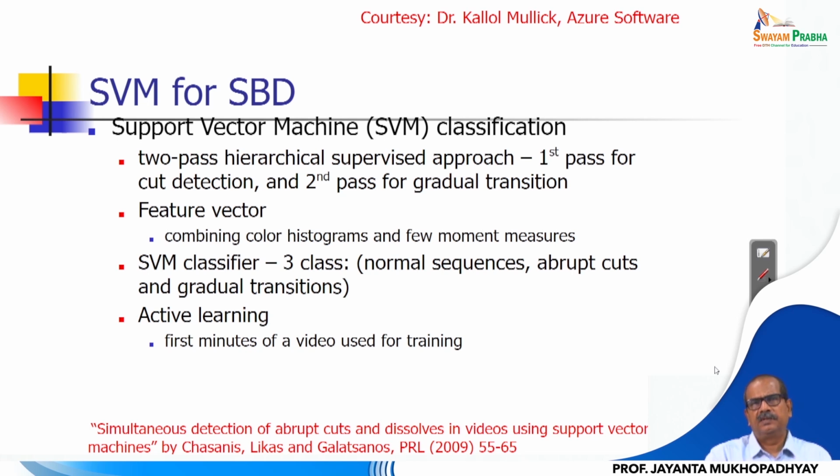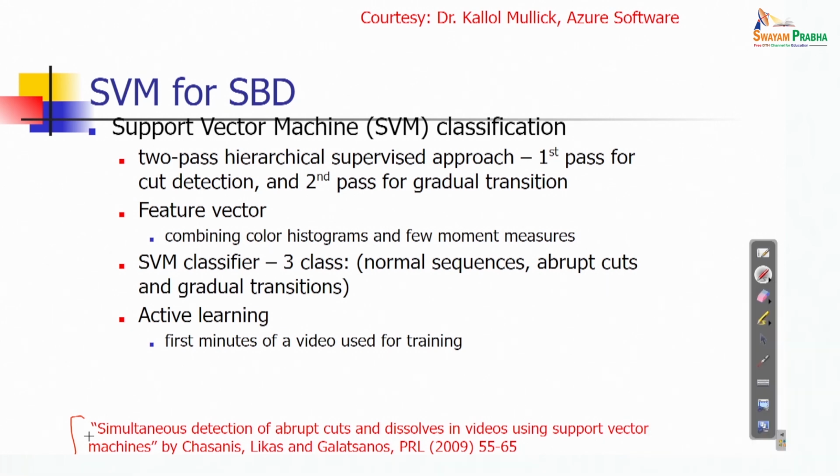And for the classification based approaches, one example could be support vector machine based shot boundary detection. This is from a paper, as you can see mentioned here, simultaneous detection of abrupt cuts and dissolves in videos using support vector machines, and the names of the authors are also mentioned. So it's a typical example.